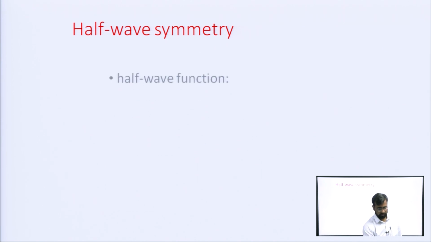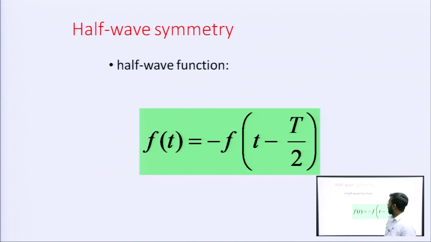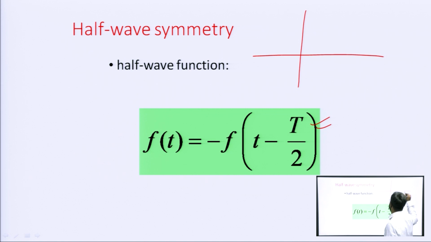Next, we are coming to half wave symmetry. What is half wave symmetry? This is the condition for half wave symmetry: f(t) is equal to f(t minus T by 2). Just remember a shortcut to see whether a signal is half wave symmetric, because if you check using this condition, it will take a long time.